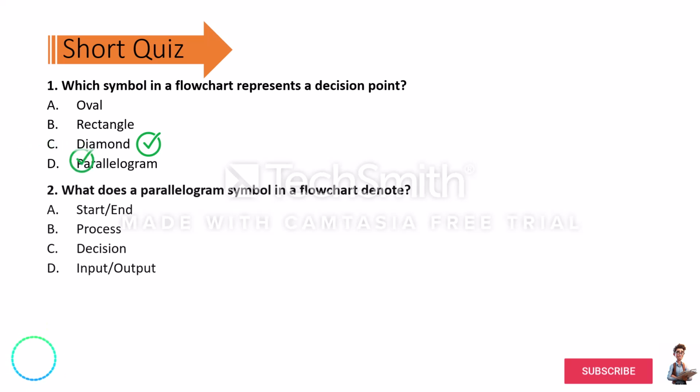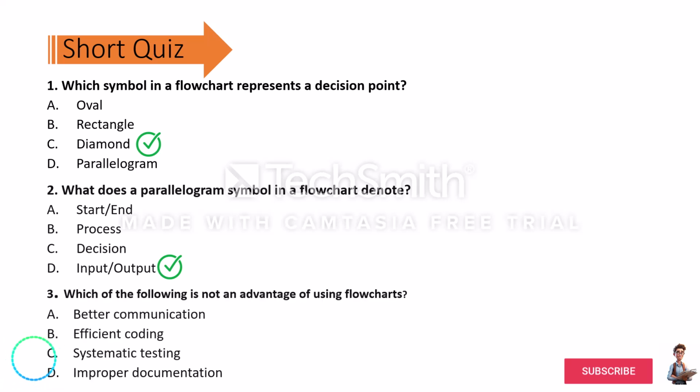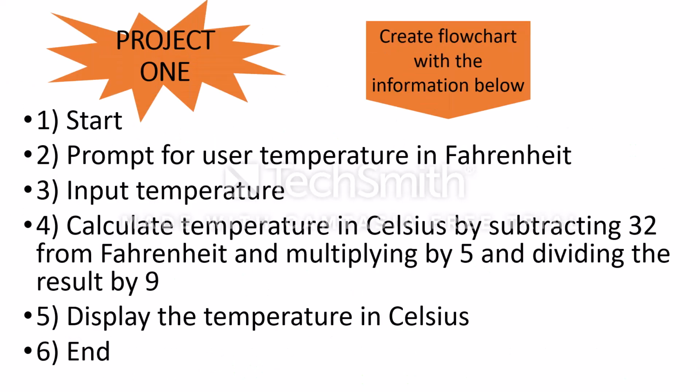Start or end, process, decision, and the answer is what? Inputs and outputs. The last question, which of the following is not an advantage of using a flowchart? Better communication, efficient coding, systematic testing, and the answer is what? Improper documentation. Now, we use this information to create a flowchart.